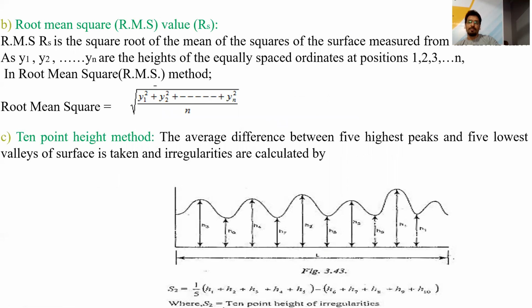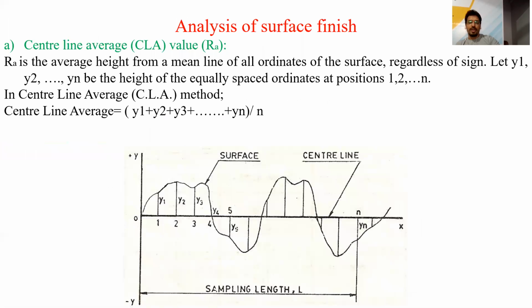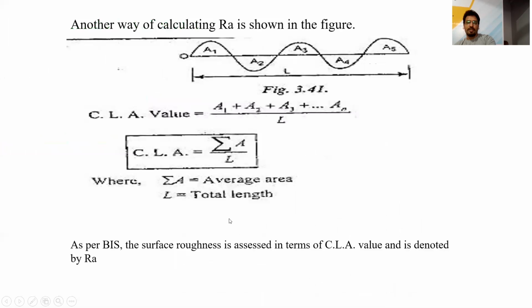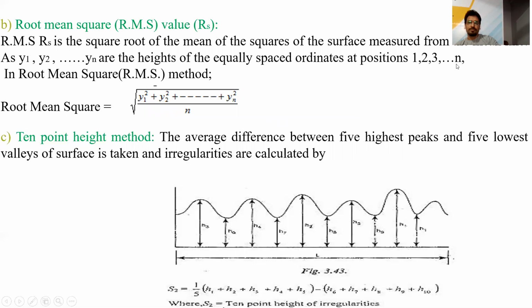Now the next method of measuring surface roughness is the root mean square value. In the root mean square value, we use these ordinates y1, y2, y3. We take the square root of the mean of the squares of the surface heights measured from the mean line, as y1, y2, y3 and yn are the heights at equally spaced ordinates at positions 1, 2, 3, 4, 5, 6, as I have shown in the previous figure.